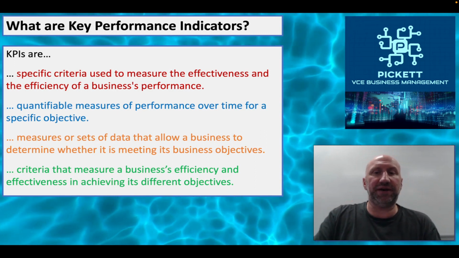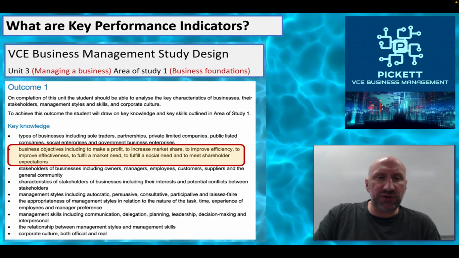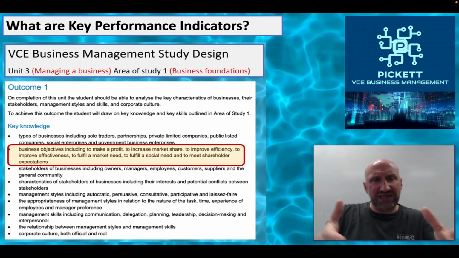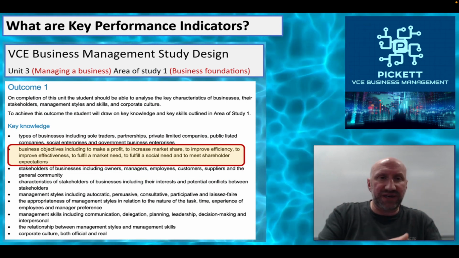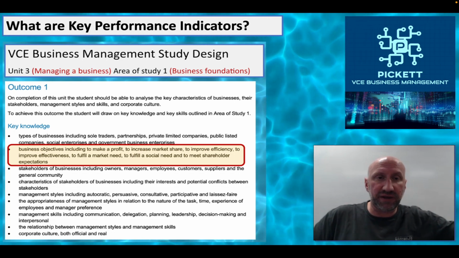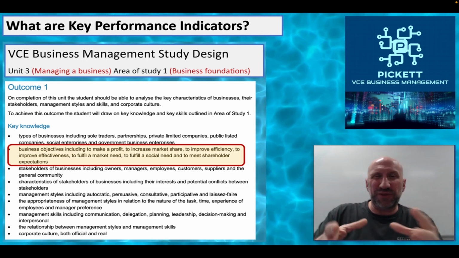Now, coming back to our study design, this is the earlier study design, Unit 3 Outcome 1, right at the beginning of the year, possibly even when we did orientation. We looked at business objectives.